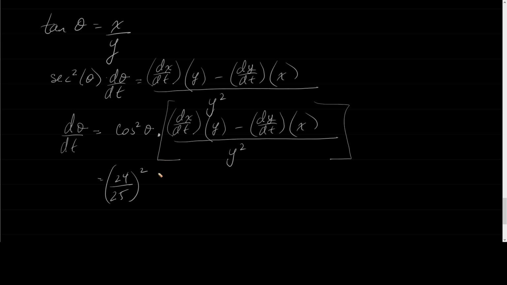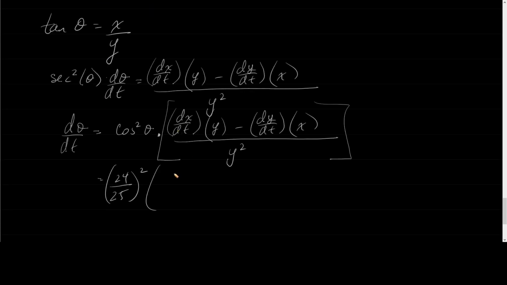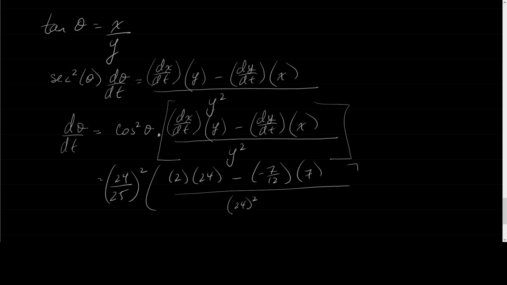And what else do we know? dx dt was 2, times y, which is 24, minus dy dt times x. All of this over y squared. So all of it over 24 squared.